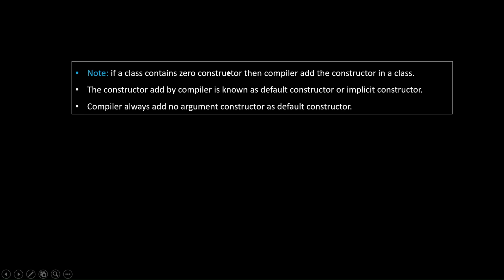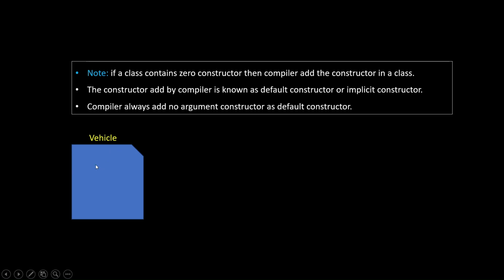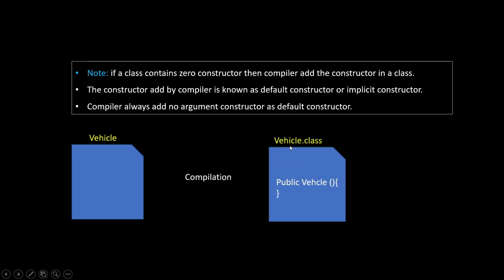Means let's suppose here we have a Vehicle class. This Vehicle class has some program to print the brand, price and things. For that, it needs the object and constructor. At compilation time, in Vehicle.class, public Vehicle, this constructor is there.